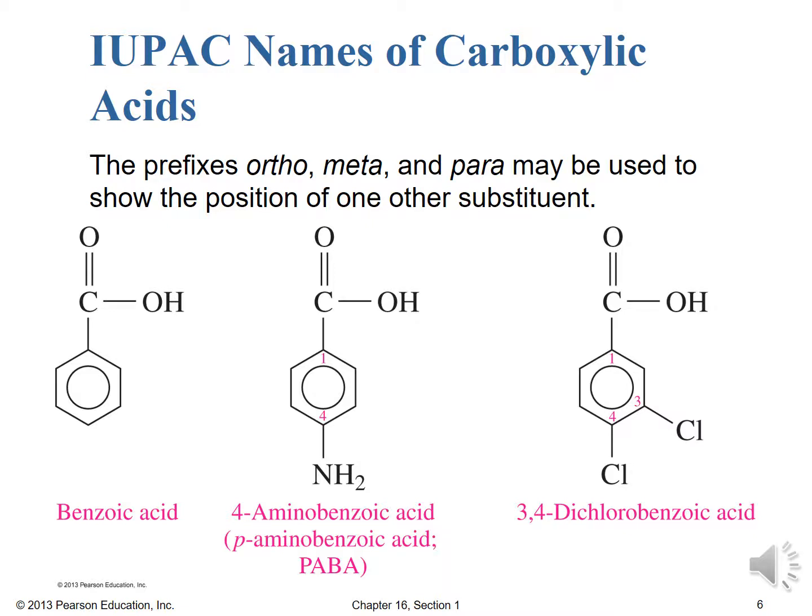All right, and here we see the common prefixes in use as well as the IUPAC names. So benzoic acid itself, we don't have to worry about any prefixes or numbers because that carbon 1 is necessarily the carbon to which the carboxyl group is bonded. In the case of our second image there in the middle, we have 4-aminobenzoic acid as its IUPAC name. Para-aminobenzoic acid would be a common name, and then PABA, P-A-B-A, would be the very common abbreviation for that.